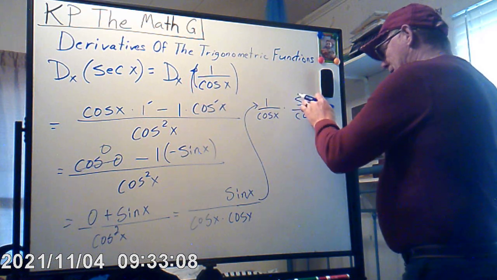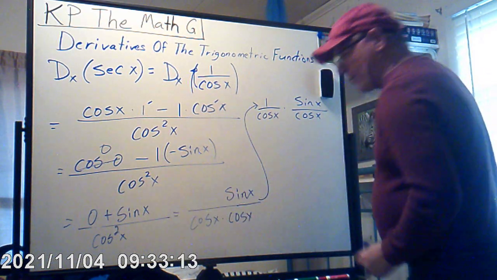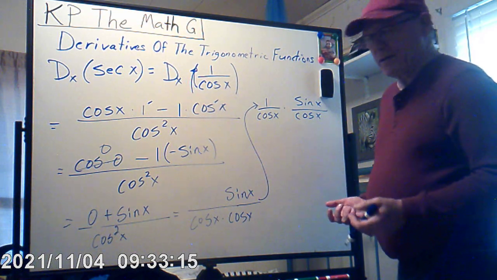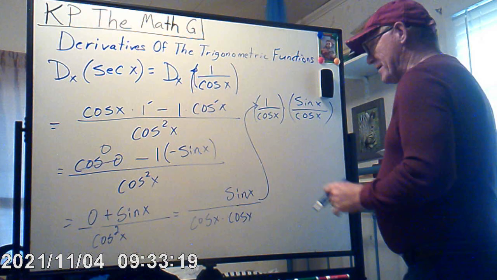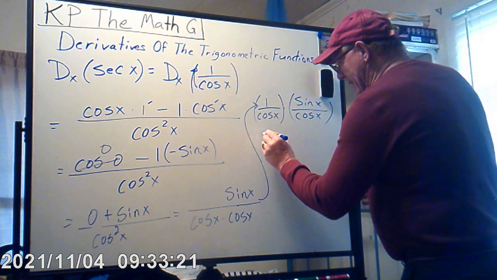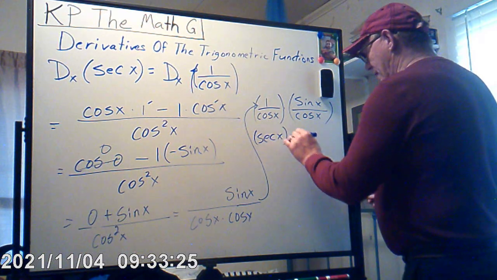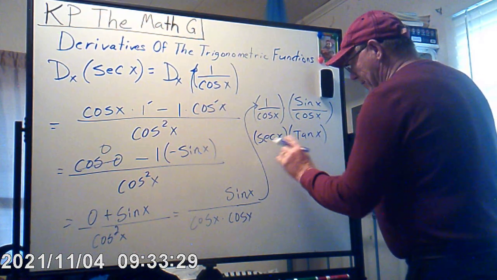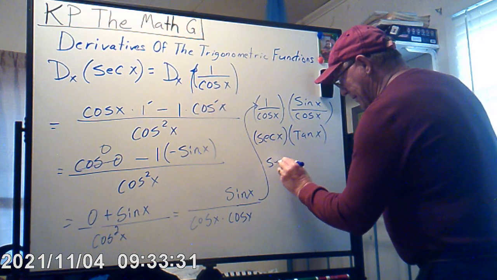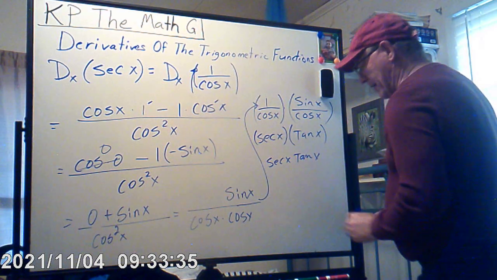If I multiply 1 times sine, I get sine, and cosine times cosine is cosine squared. So we haven't changed anything by doing this, but we just split it up into 2 separate parts here. 1 over cosine is secant, and sine over cosine is tangent. So if you don't want the parentheses, you can just say secant tangent. There we go. That's it.